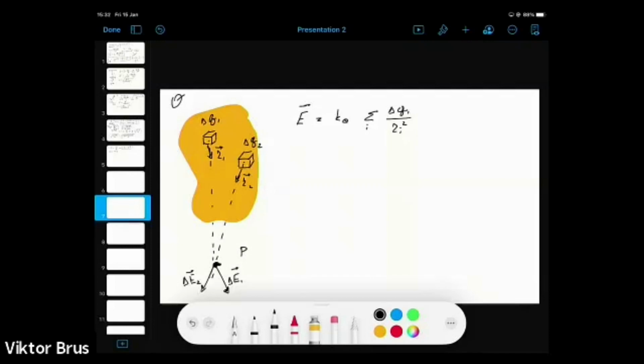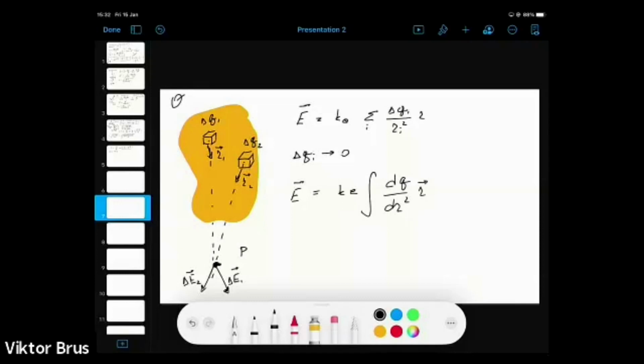So obviously, if we take the limit of this volume when delta Q_i approaches 0, we can replace it with the electric field equal to the Coulomb constant times the integral of dq over r squared times the r unit vector.